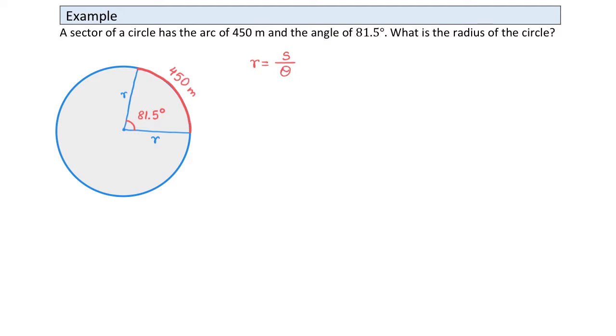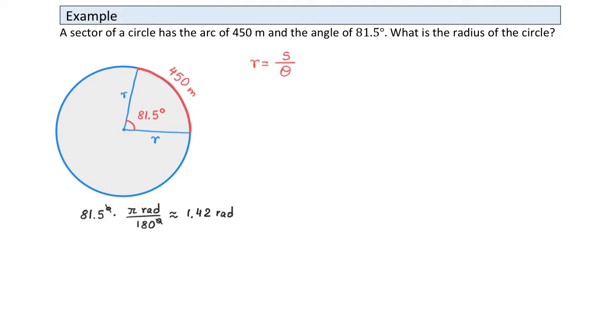We also know that to be able to use this formula, this angle has to be in radians. However, the given angle is in degrees. Therefore, the first step will be to convert this angle from degrees to radians. So then, 81.5 degrees, we will multiply it by pi radians over 180 degrees. The degree symbols will cancel, and 81.5 multiplied by pi and divided by 180 will give us approximately 1.42 radians.